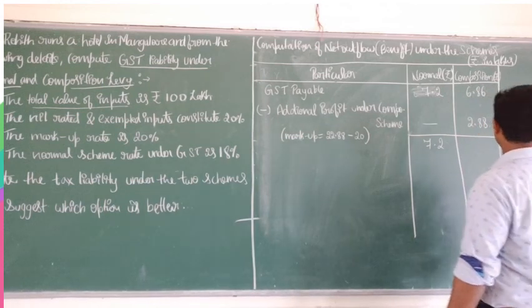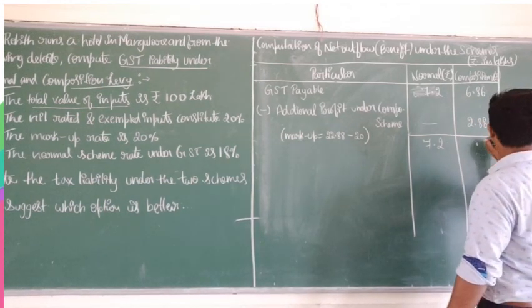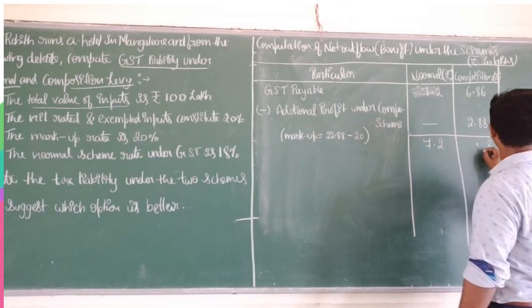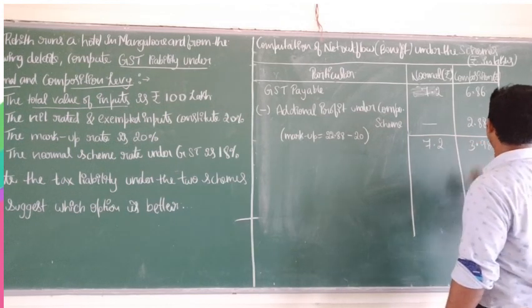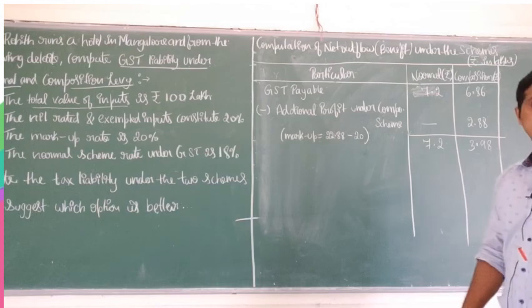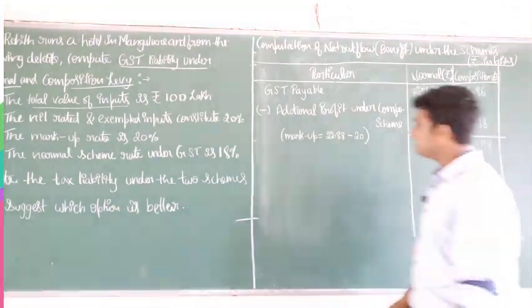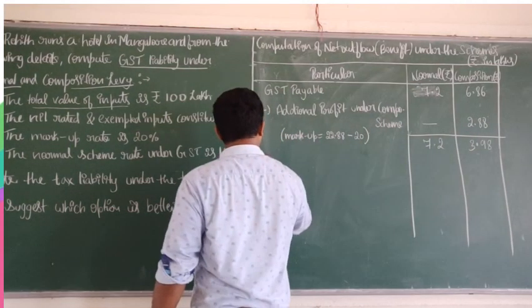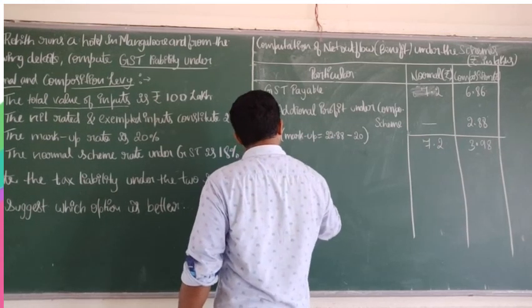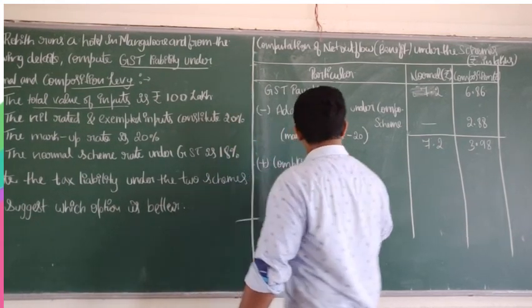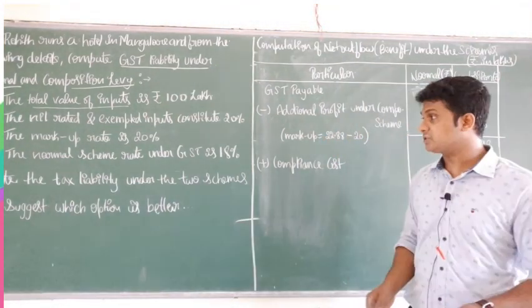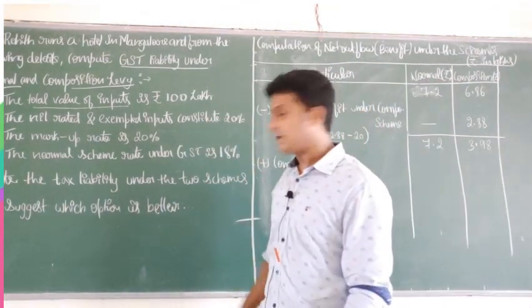When it comes to composition scheme, 6.86 minus 2.88 is 3.98. So 3.98 lakhs. To this value we have to add the compliance cost. If compliance cost is given in the question, we have to add the compliance cost of GST, but in this question, nowhere is the compliance cost given.